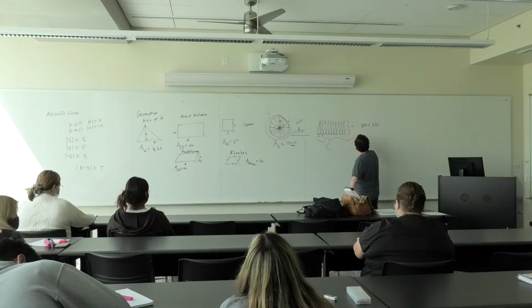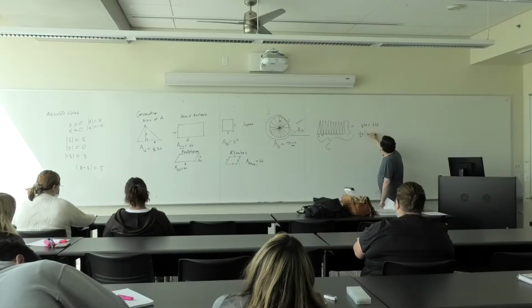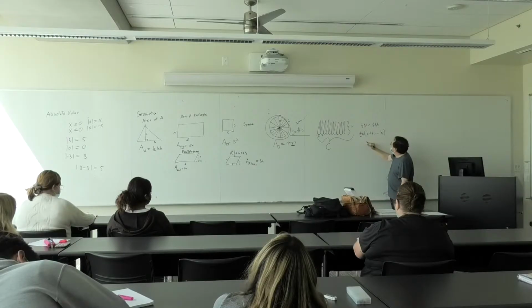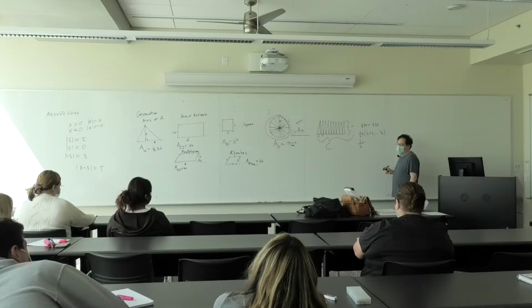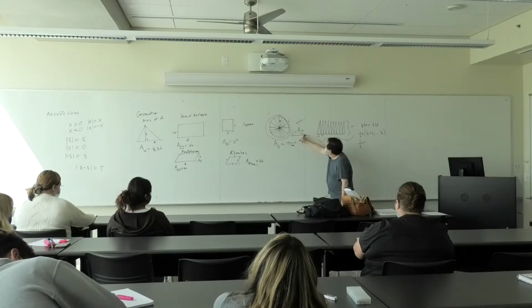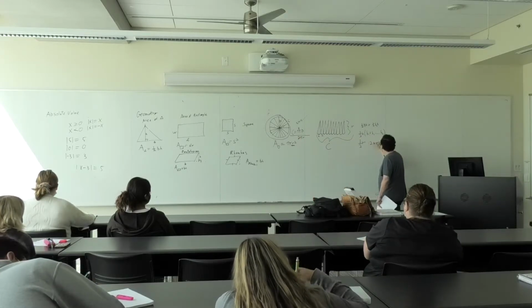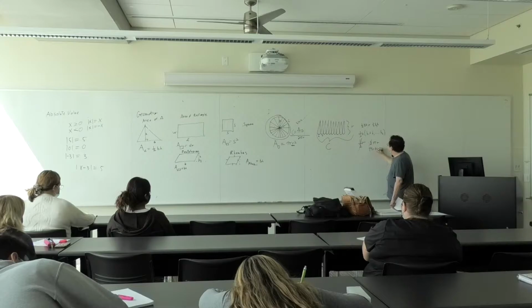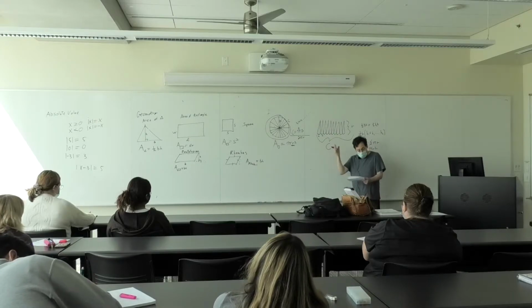As you add up all these areas, we can take out the half and add up all the bases. Well, the height is r, and the base is the circumference. The circumference is pi times diameter, or 2 pi times the radius. So we cancel the 2, and we have pi r squared. That's one way to think of how you get the area of a circle. I don't know if that helps to remember it.